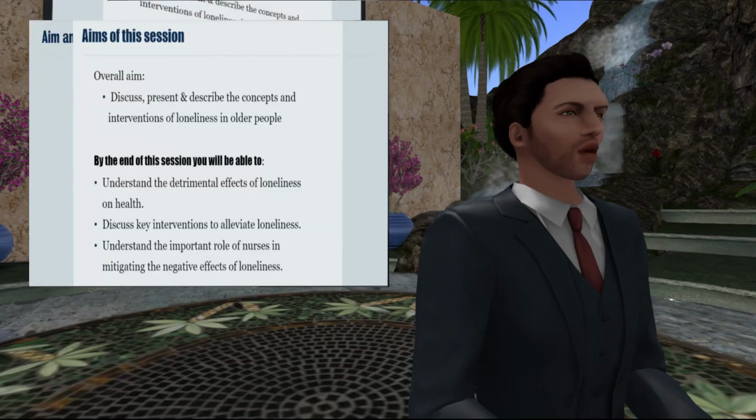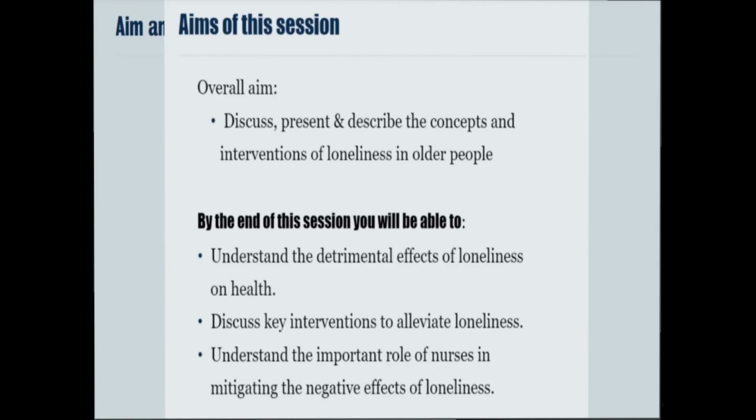Perfect. So it is interesting to understand that social isolation means having few social relationships, social roles, group memberships, and infrequent social interaction. And that is objective. Loneliness is subjective because it is how the individual will interpret that.